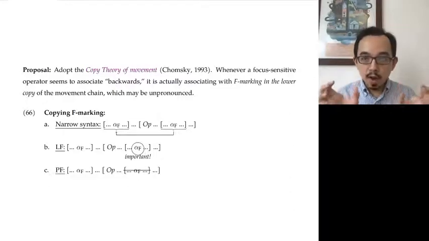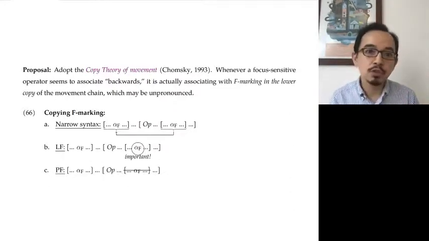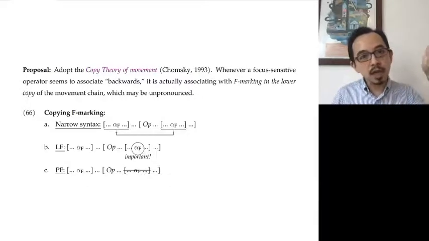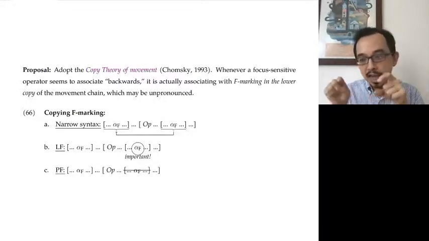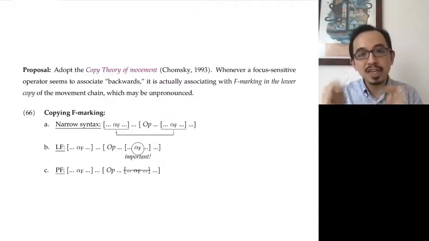And then, when a focus-sensitive operator appears to associate backwards, as is possible in English with even and also, but not only, it's not because you're associating with the focus which is actually higher, but instead it's that you're associating with the focus which is in the operator's scope, but is unpronounced.